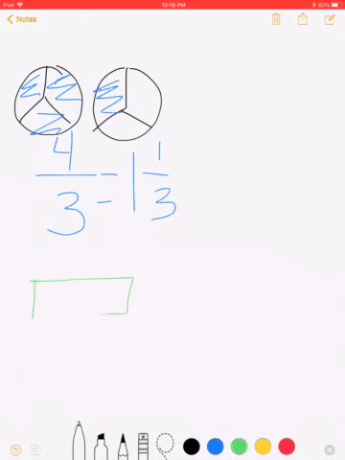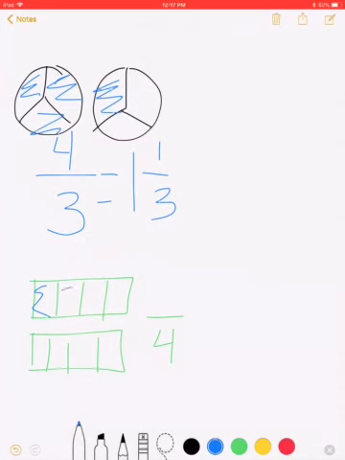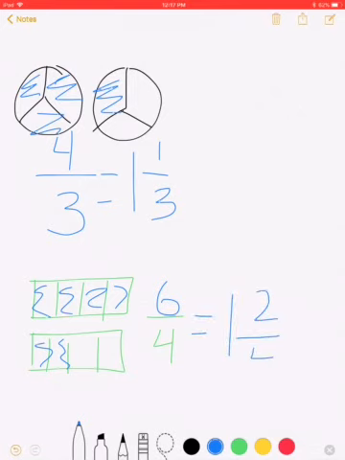Another example, each individual rectangle is broken into 4ths, so that's my denominator. In total I have 6 4ths shaded, or 1 and 2/4. So these are examples of fractions that are greater than 1.